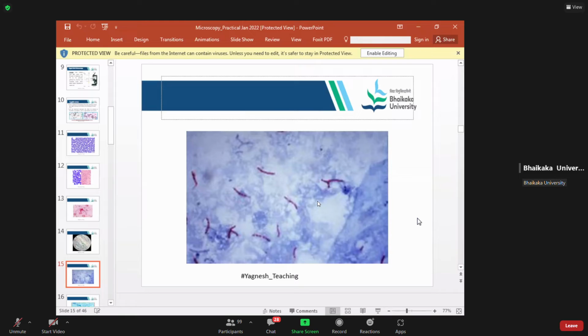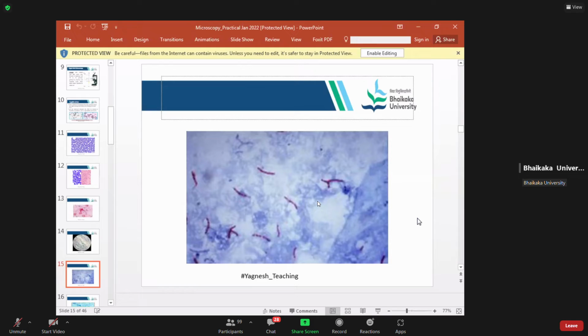One type of cell takes the color of one dye, and the other type of cell takes the color of the second dye. So we can differentiate because the colors of the dyes are different. One dye is violet, the other dye is pink. This is the concept of using two dyes to differentiate varieties of cells.